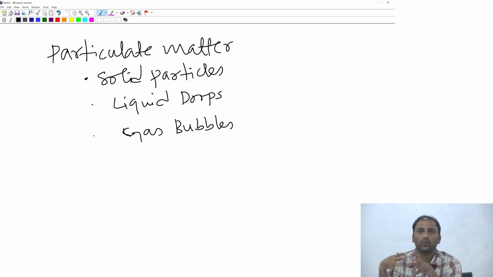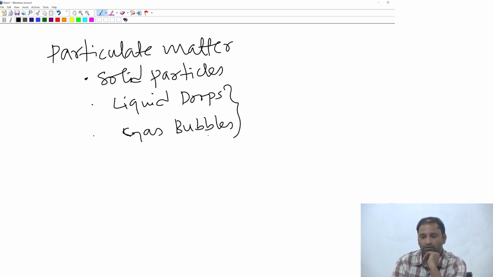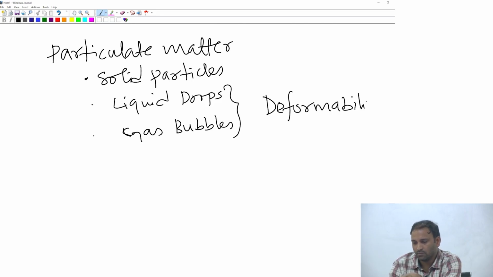When we say that we are dealing with fluid particle systems, with solids in a fluid, or liquid or gas bubbles in a fluid, what would be one important parameter that you would have to worry about when dealing with liquids and gases compared to solid particles? Deformability of the particles, right?